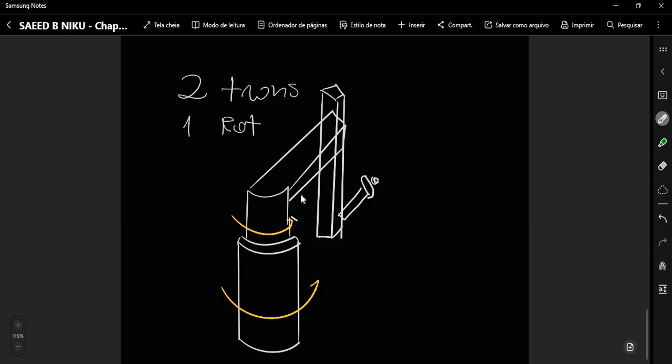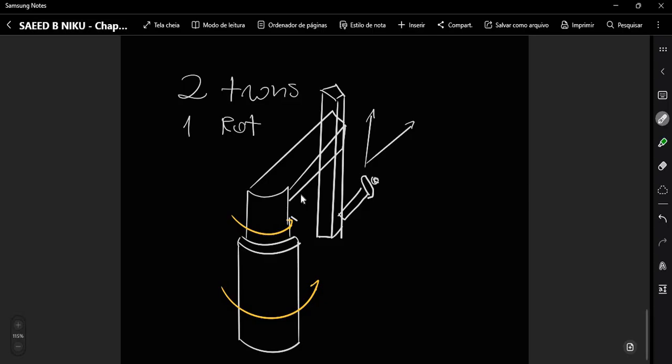Again, let's say that I wanted my end effector to point to this point or in any direction that I want. We are limited with this coordinate system, the Cartesian and the cylindrical one.